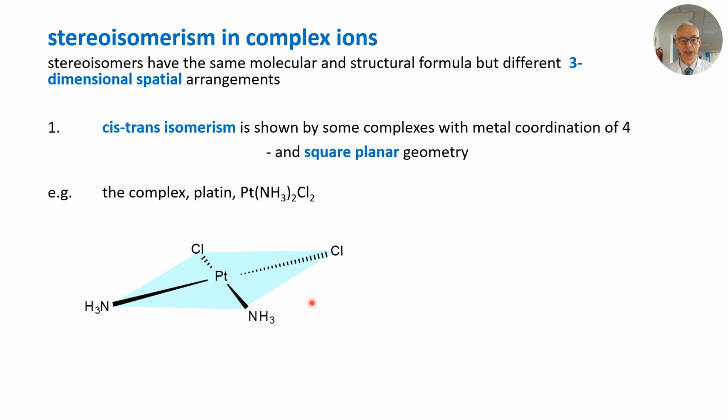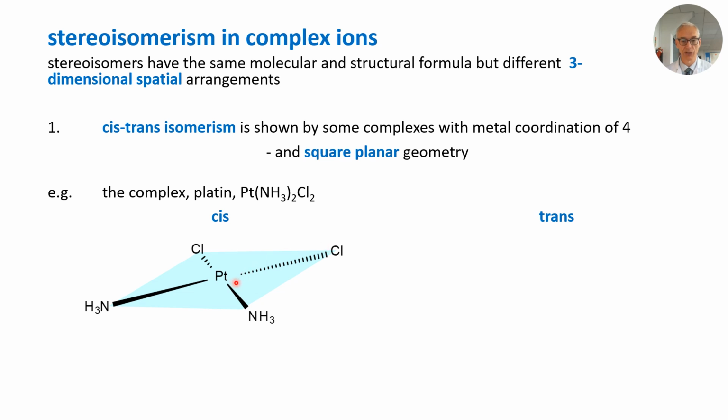Here is its representation in the square planar form. Decide whether that is cis or trans. Pause and decide. Okay, so that is indeed the cis isomer. That is, the chloride ions are on the same side of the structure.